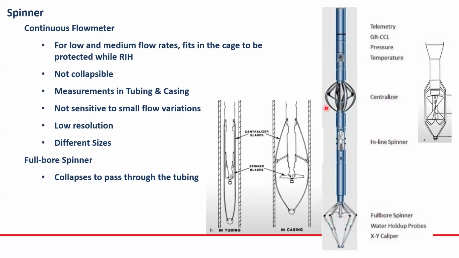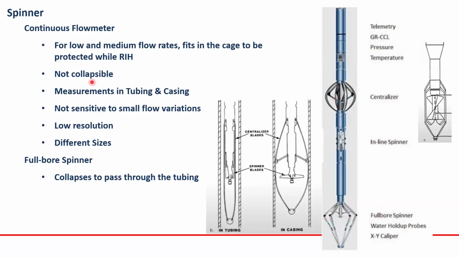So this one is closed while running in hole to not be damaged, and this one is protected in the gauge so it can rotate while running in hole.